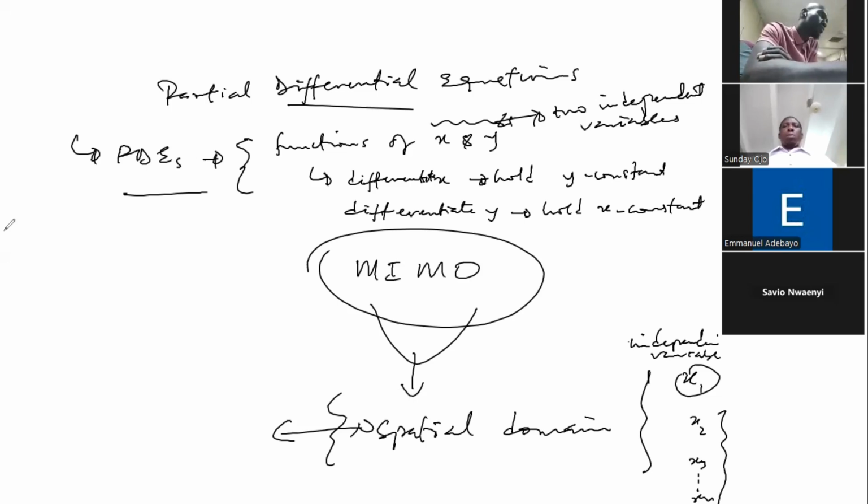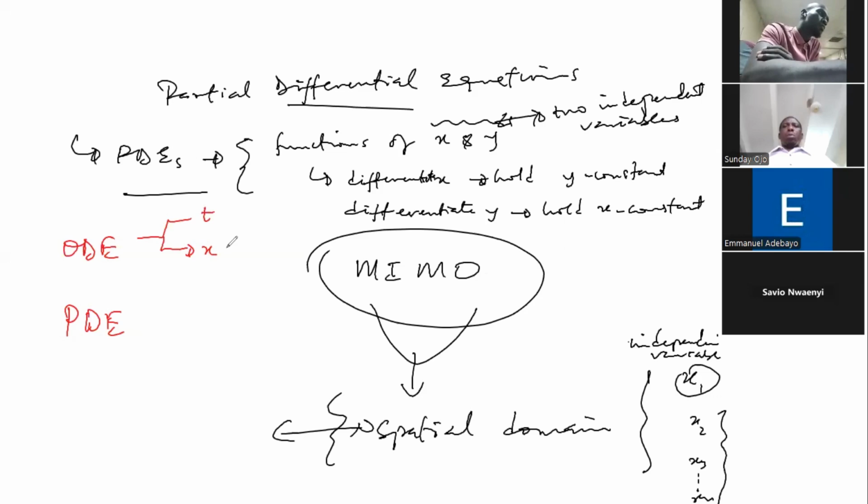If you remember, when we made mention of ODEs, we also distinguished between ODEs and PDEs. Ordinary differential equations involve just one independent variable, which could be either time or space.